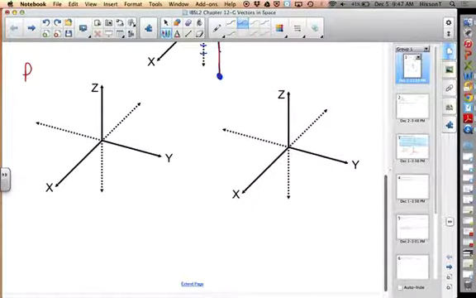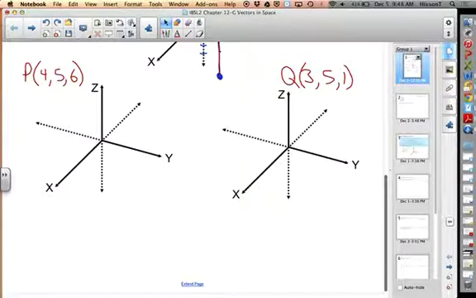Okay, 4, 5, and 6. Give me another point. 3, 5, 1. Okay, 3, 5, and 1. We'll call that point Q. If you do them on the same one, make sure you can tell the difference. Try sketching those on your own.